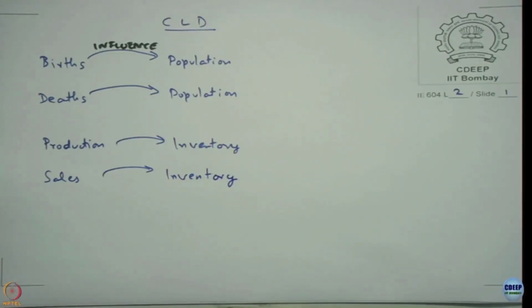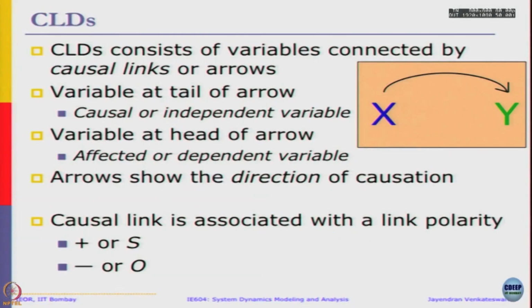To elaborate on that causal link, we can associate it with a link polarity. We use the symbol plus or minus. Plus indicates it's a strengthening, and minus indicates it's an opposing. S can stand for same direction, O for the opposite direction. So, let me go back to the same examples.